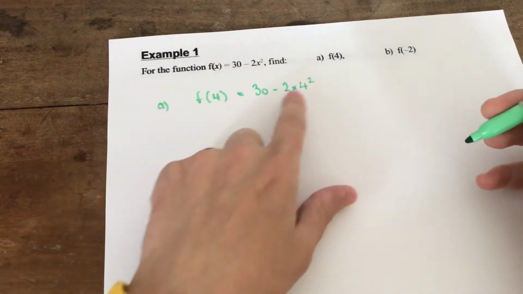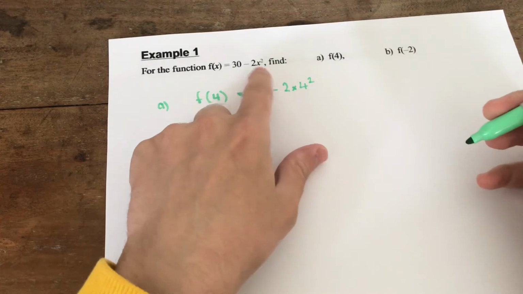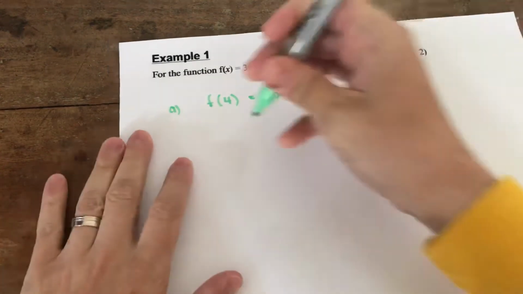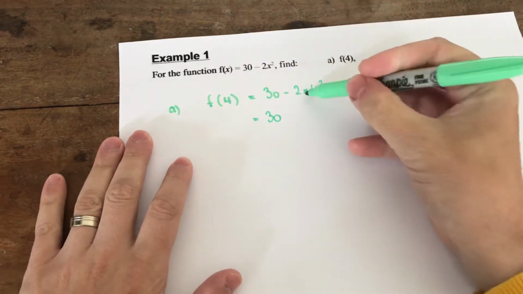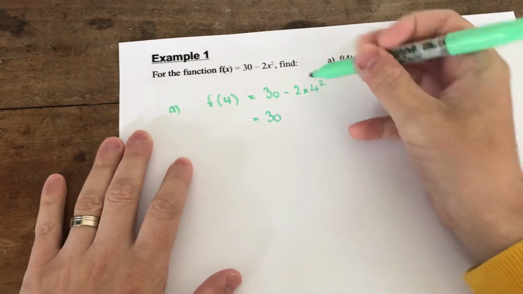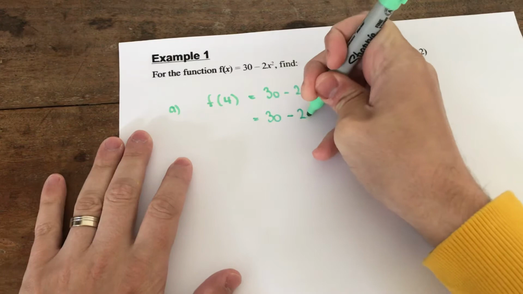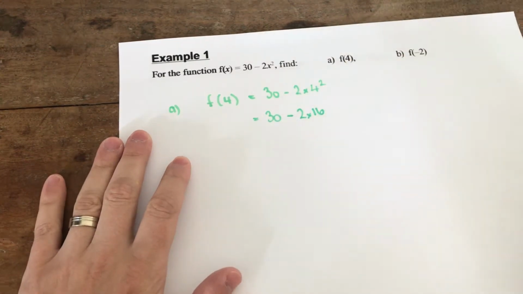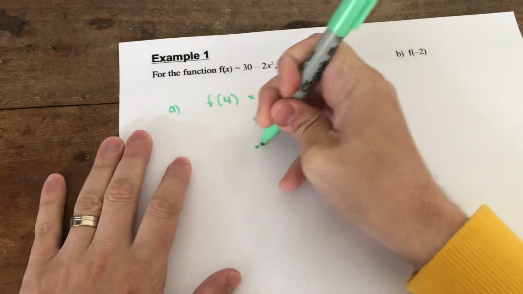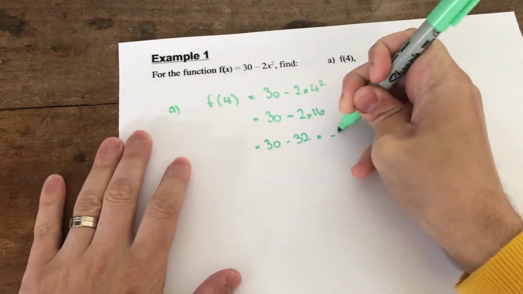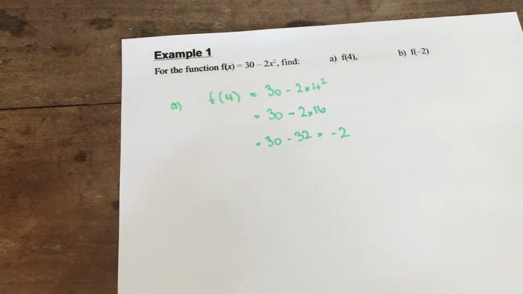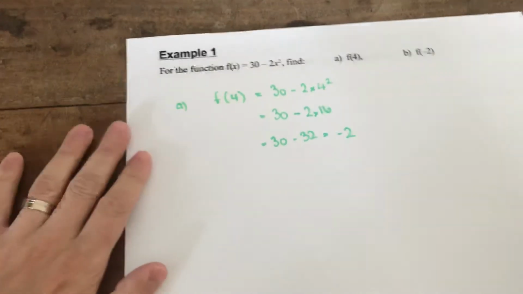Notice I'm doing 2 times 4 squared because that's what 2x squared is. What I then have to do is work out what this is here. You use your BIDMAS, so you're going to do 2 times 16. And then you're going to do 30 take away 32, because that's what 2 times 16 is, and it gives you minus 2. And that's all we've got to do.